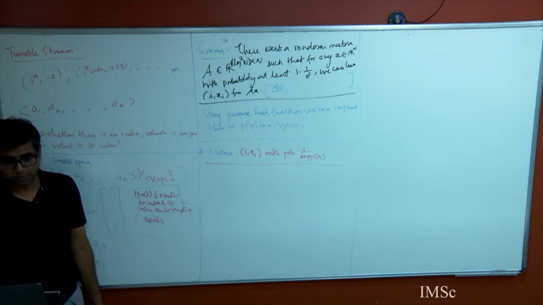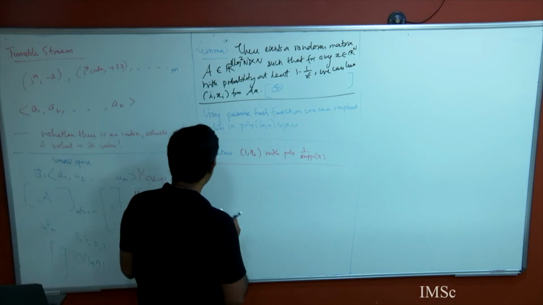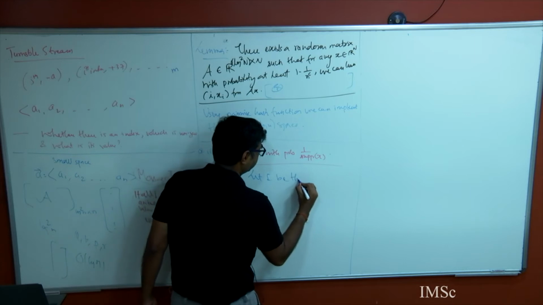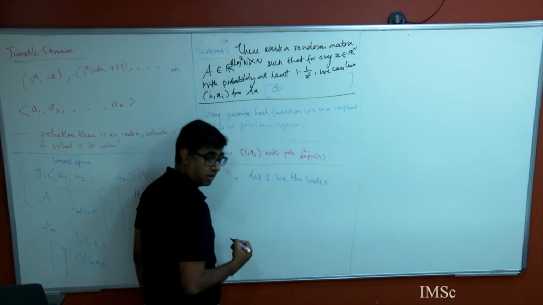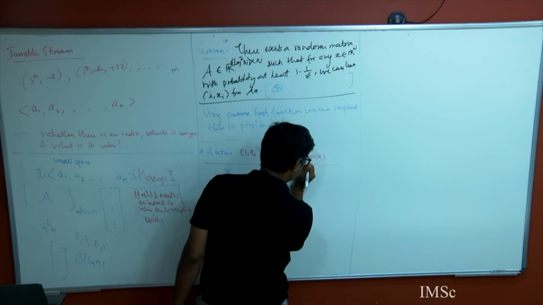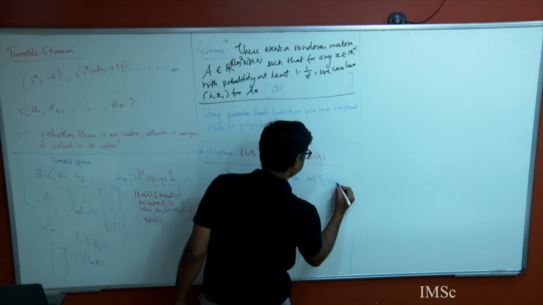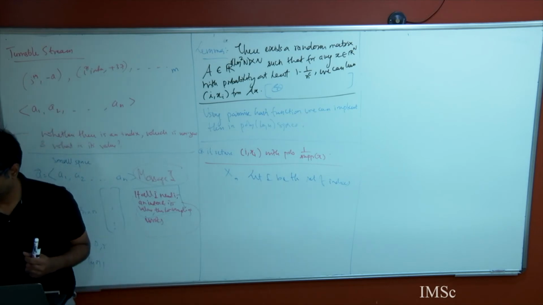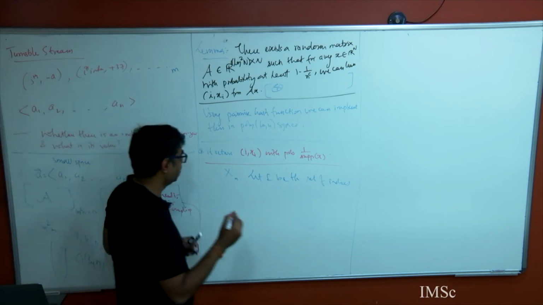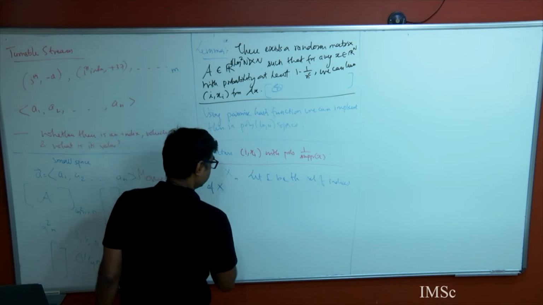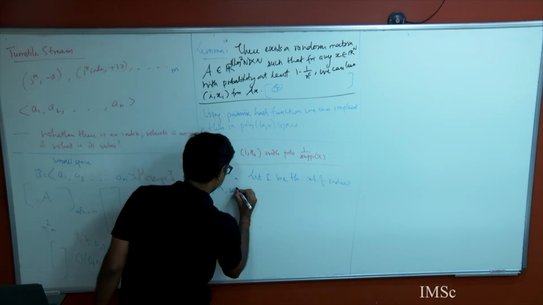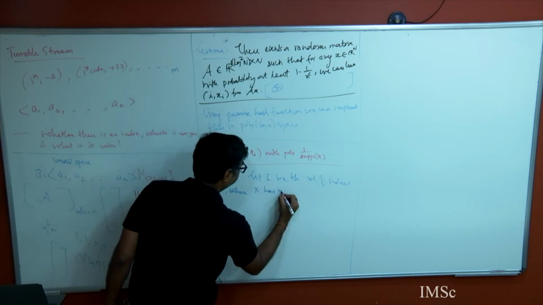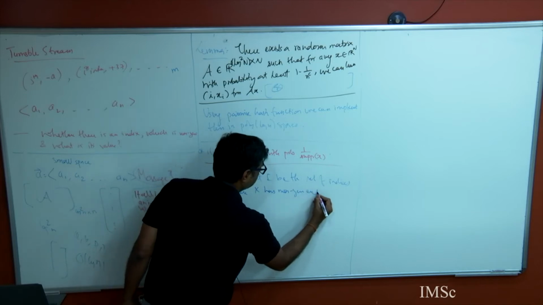So how did we go about proving it? If you remember, we said you are given some vector x, and let I be the set of indices of x where x has a non-zero entry. Okay, and what did we prove?